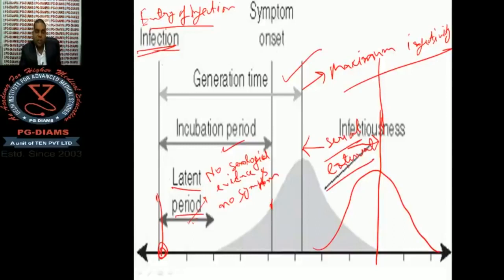The median incubation period between two bouts of infection is serial interval. The duration in which one group of patients infects another group of patients is known as serial interval. And generation time is the duration between entry of pathogen to appearance of maximum infectivity.